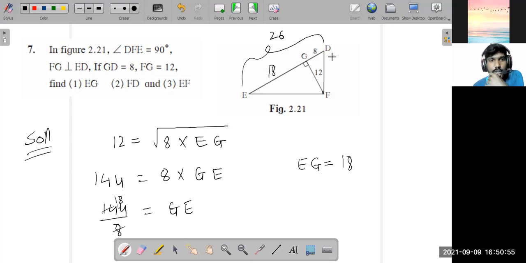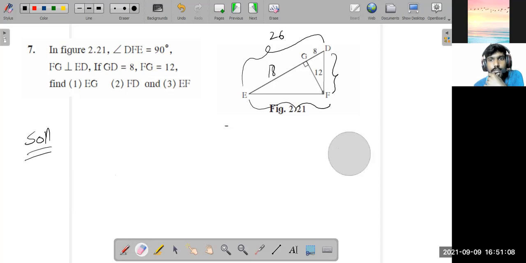Now you have to find FD and EF. There you will have to use Pythagoras theorem, but use a smaller triangle.